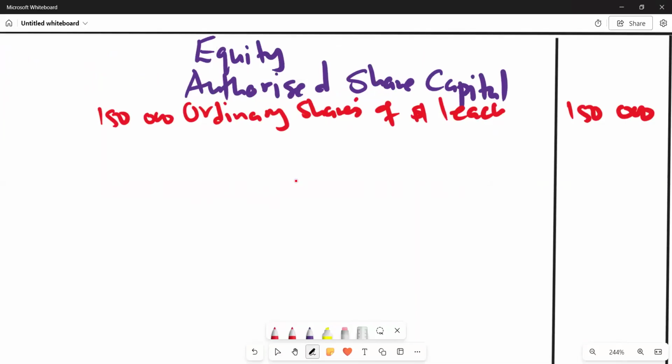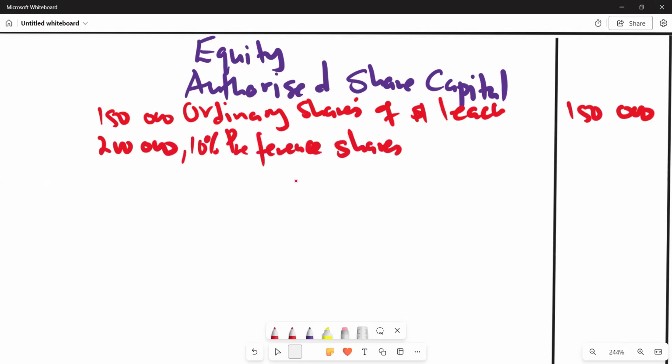So on preference, we are saying we have 200,000, 10% preference shares of $2 each worth 400,000.